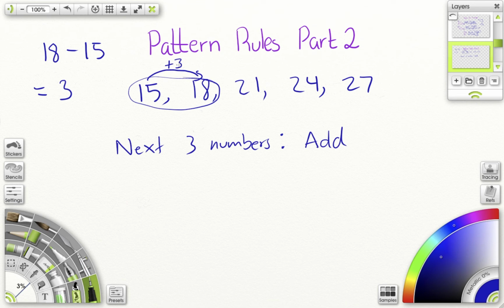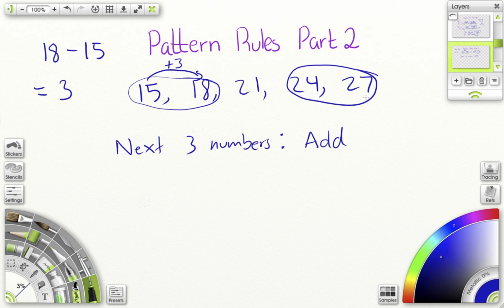I need to double check that this works every single time. I don't have to check it with every single pair of numbers. The easiest way is just to choose another pair of numbers right beside each other, like 27 and 24, and do the same thing, just double checking that you got the same answer.